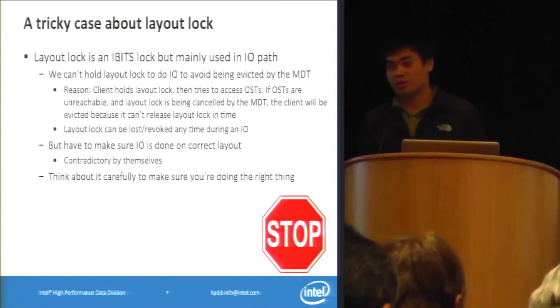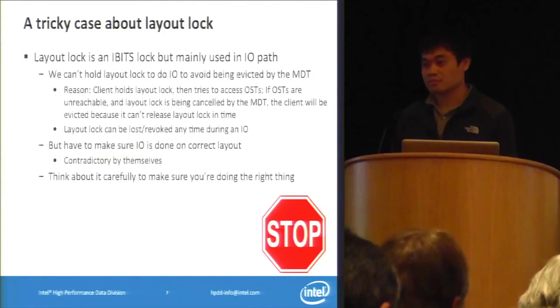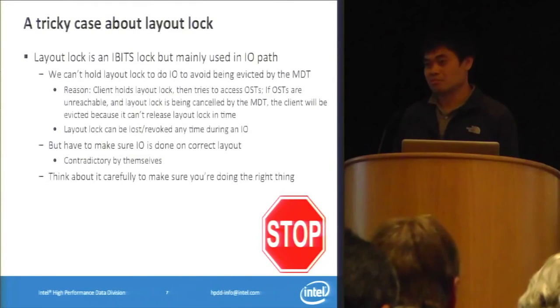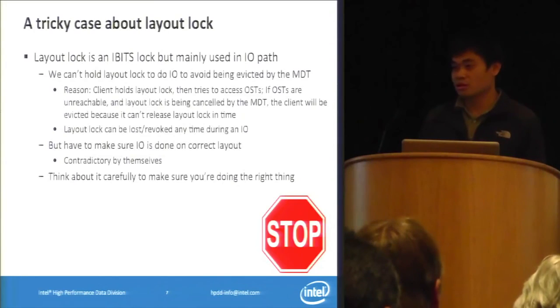For HSM, we're going to use exclusive open to make sure nobody else is opening this file. Okay, so there's no mechanism to force the client to stop writing to the old object. Yes, you need an extra mechanism. So be careful if you are going to use layout lock in your project.